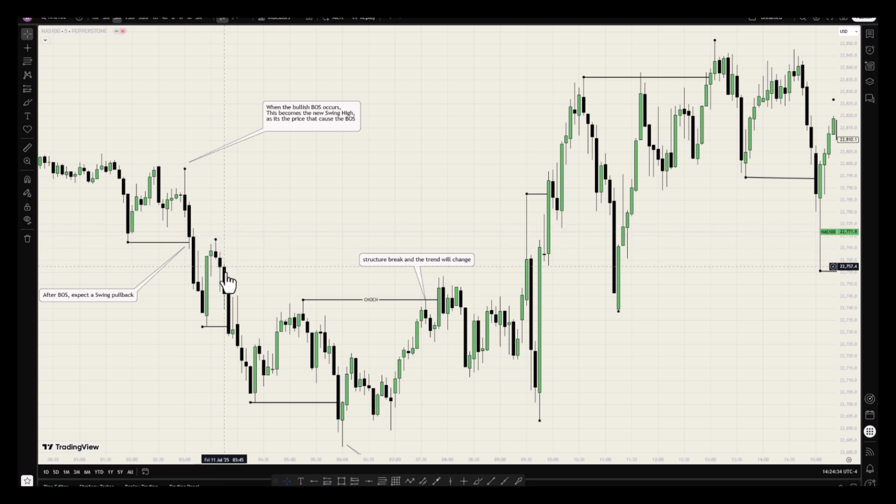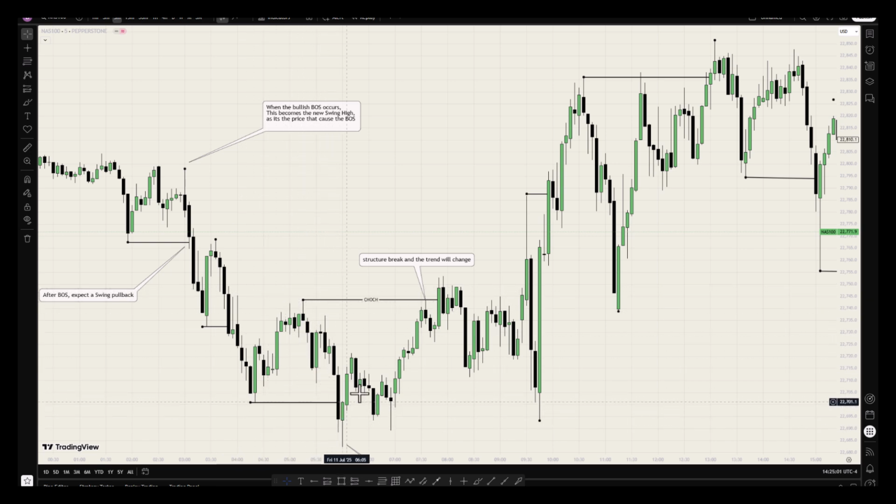Now we see price coming back, creating a bearish expansion leg, creating another break of structure below this low. Now this high becomes a strong high. Now as soon as we see price break this structure by this candle closing below it, this pullback here is another high, and then we see price coming back again, creating a break of structure here.